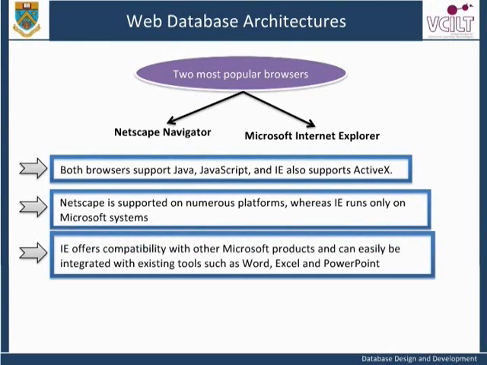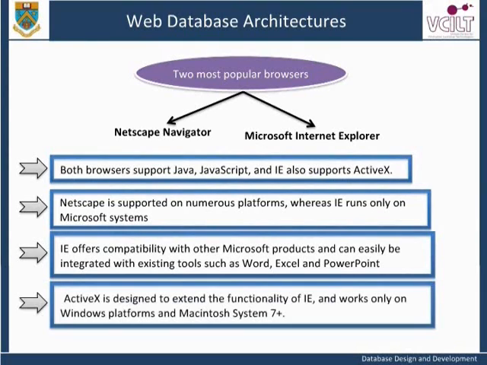IE offers compatibility with other Microsoft products and can easily be integrated with existing tools such as Word, Excel, and PowerPoint. The drawback is that IE is heavily dependent on the Windows platforms and other Microsoft proprietary systems. ActiveX is designed to extend the functionality of IE and works only on Windows platforms and Macintosh System 7 Plus.